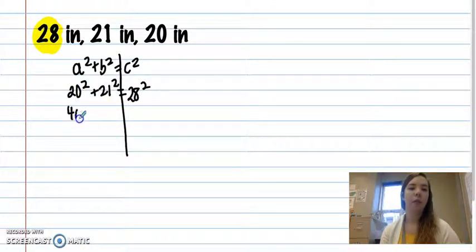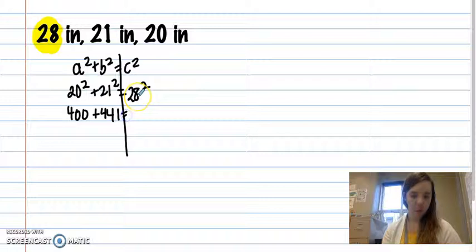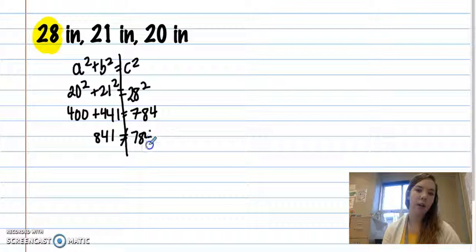So you'd have 400 plus 441 equals 28 squared is 784. So when you add those together, you get 841. That is not equal to 784. So no, these would not be a right triangle.